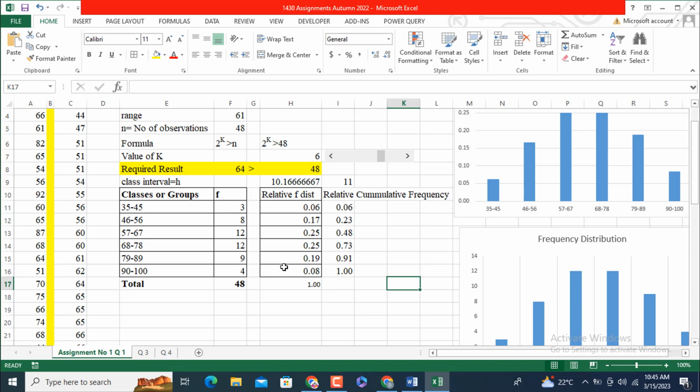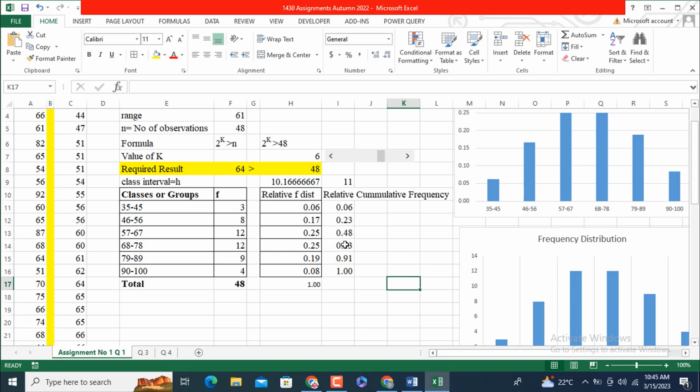Now the third and last requirement of this question is to determine the relative cumulative frequency distribution. So what will happen? The first value is kept as it is, and to each next consecutive value you add the previous ones. 0.06 plus 0.17 gives 0.23, and 0.23 plus 0.25 gives 0.48, and you will go on.